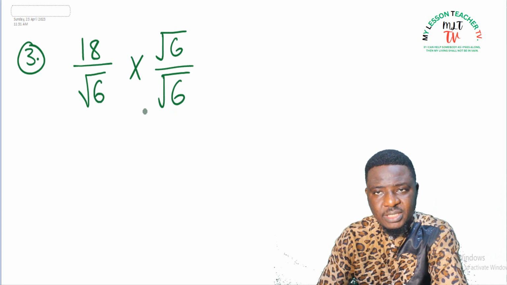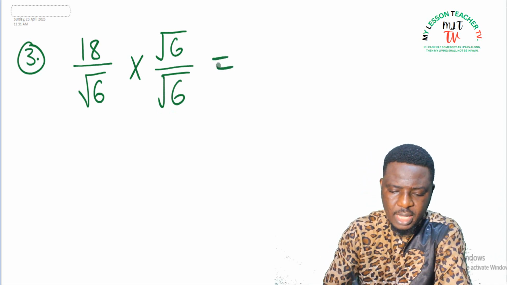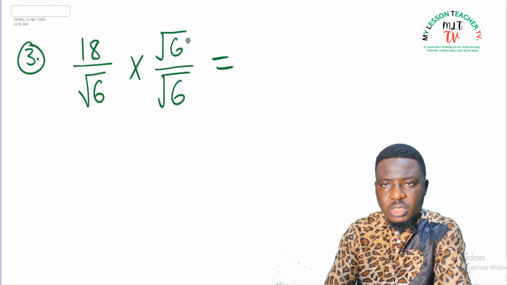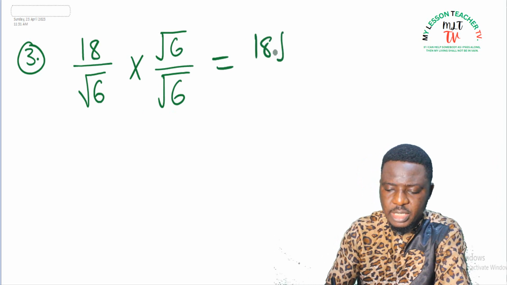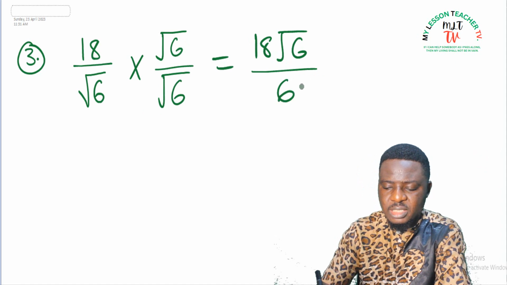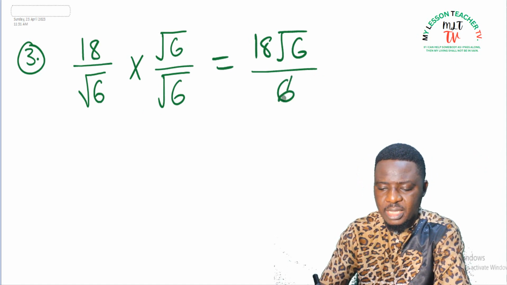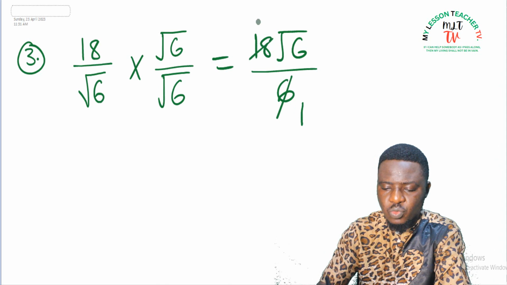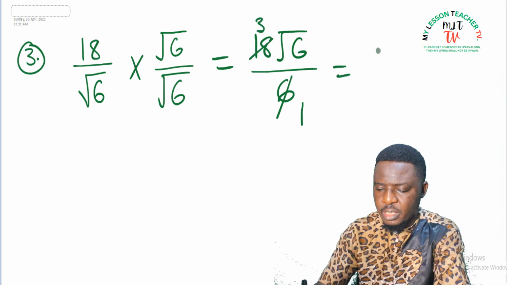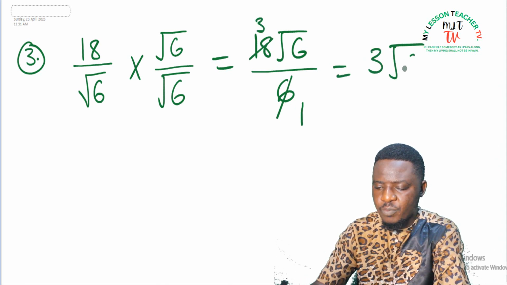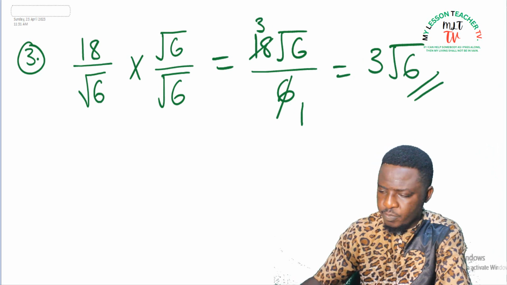It is in its basic form. So you leave it that way. And you multiply 18 times root 6 gives us 18 root 6 divided by 6. And 6 is a multiple of 6 and 18. 6 into itself is 1. 6 into 18 is 3. Leaving us with 3 root 6.